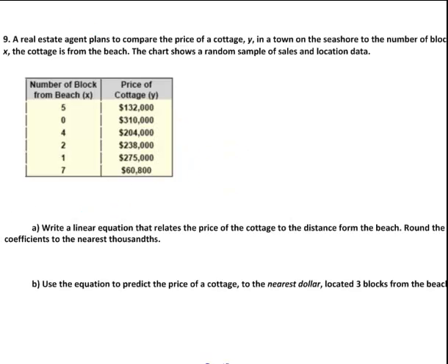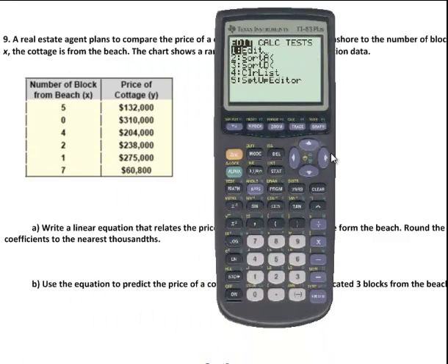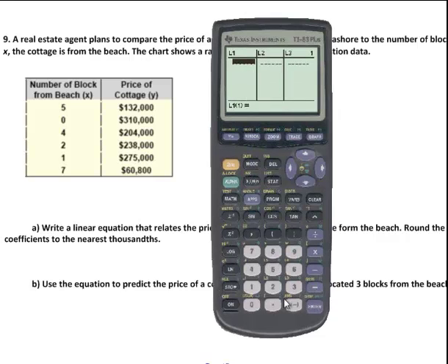Oh, chart. Who cares what the problem says? Off we go to our calculator. Stat. Edit. Clear. Clear. Put everything into my chart. This side is 5, 0, 4, 2, 1, 7.